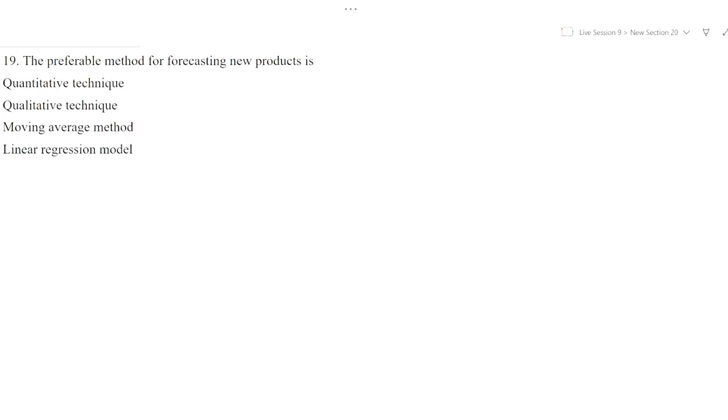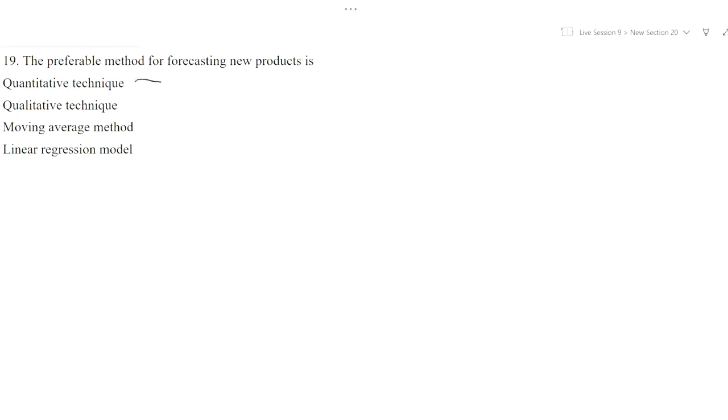Now, the preferable method for forecasting new products is quantitative technique, qualitative technique, moving average, linear regression.